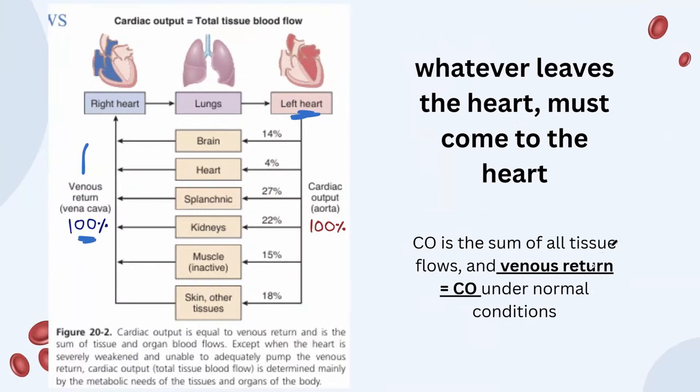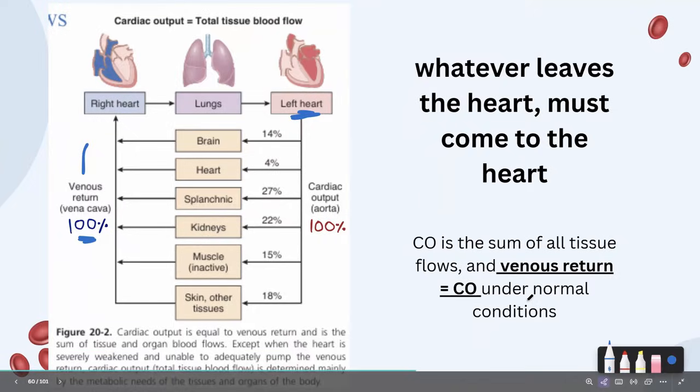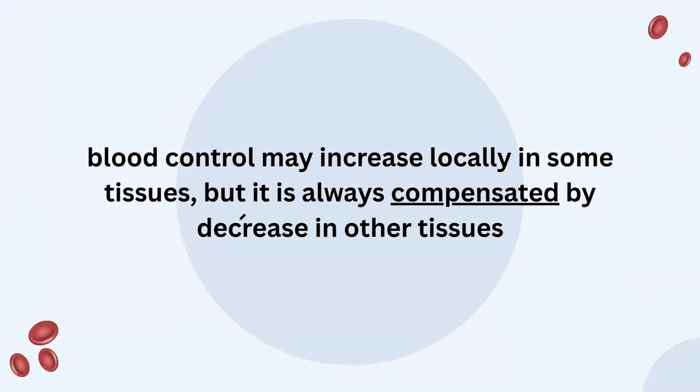So cardiac output is the sum of all tissue flows, and venous return equals cardiac output under normal conditions. Remember this. Blood flow may increase locally in some tissues, but it is always compensated by a decrease in other tissues. So if during exercise blood flow increases in the skeletal muscle, then blood flow to, for example, the stomach is going to decrease.